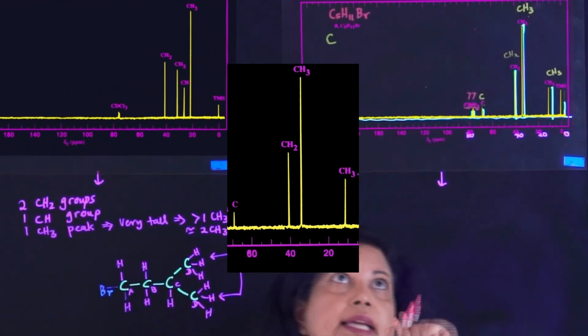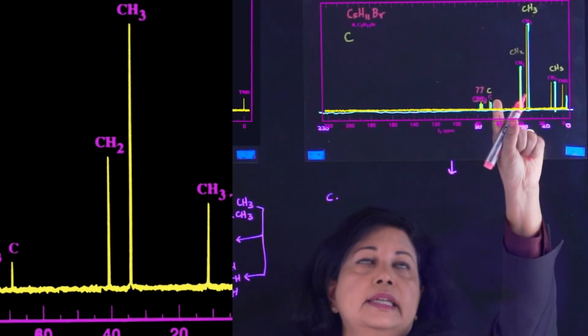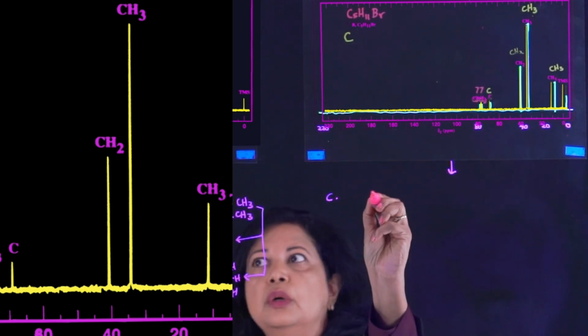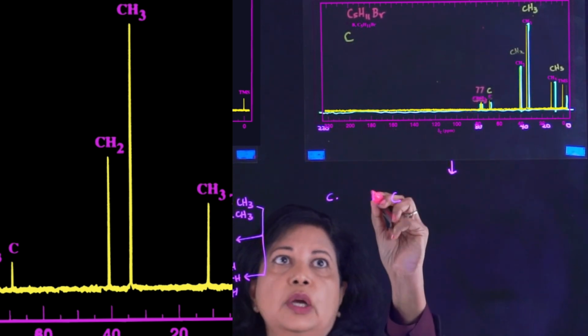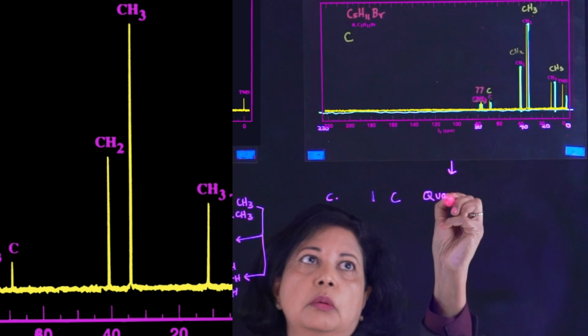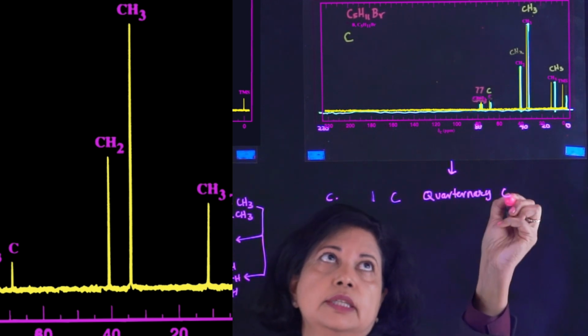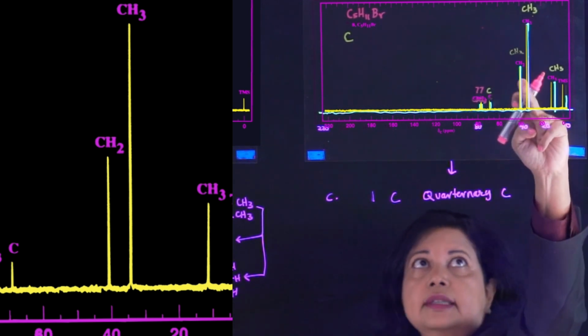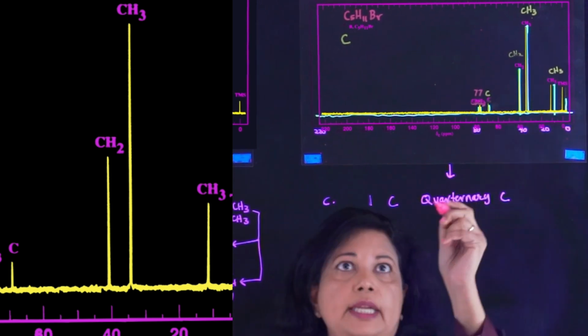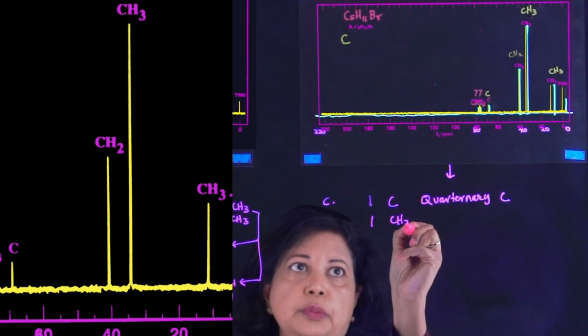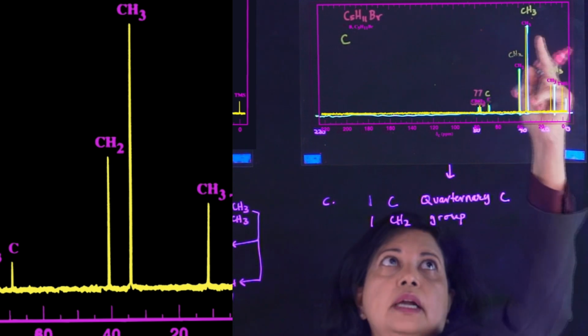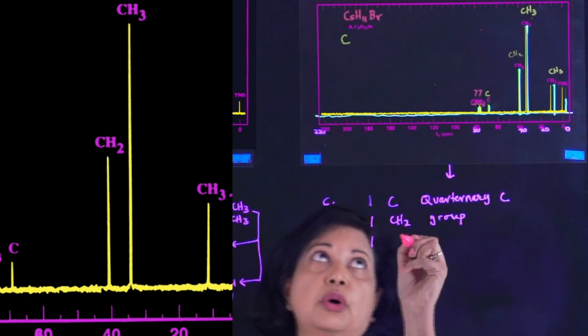Let's write down the data. There's one carbon here that's very de-shielded. So 1C, that's a quaternary carbon. There's no hydrogens on it. There's another carbon here around 40, one CH2 group. And one CH3 that is very tall.